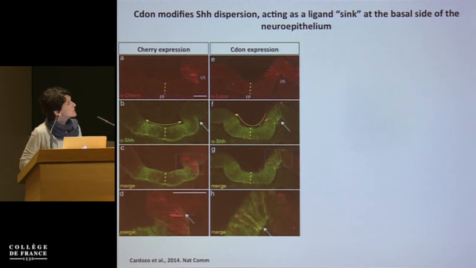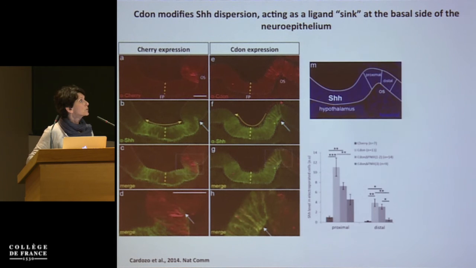And as you can see, the presence of Kedon protein somehow distorts the sonic hedgehog distribution, and sonic hedgehog protein accumulates on Kedon expressing cells, but this distortion doesn't occur when cherry is electroporated.